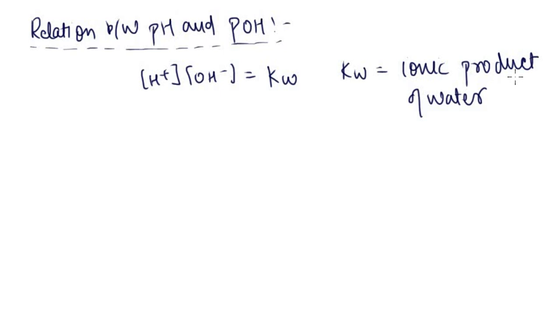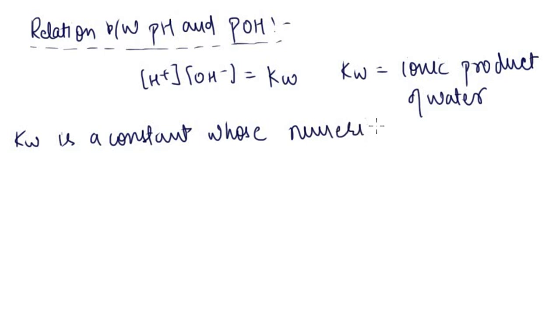Similarly, we have seen Ka, Kb and Kh. So Kw is the ionic product of water, and we know Kw is a constant.